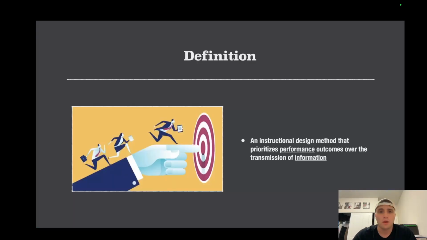So, to define this strategy more, it is an instructional design method that prioritizes performance over the transmission of information.